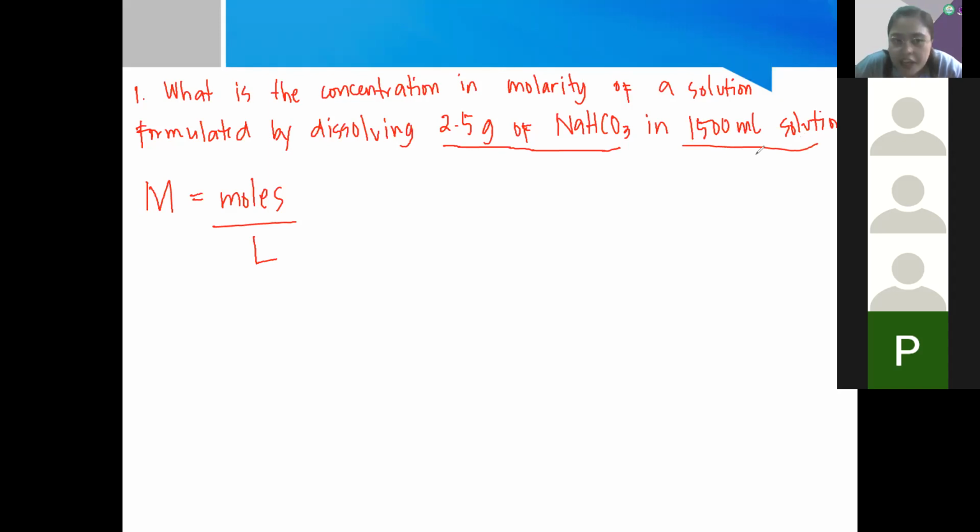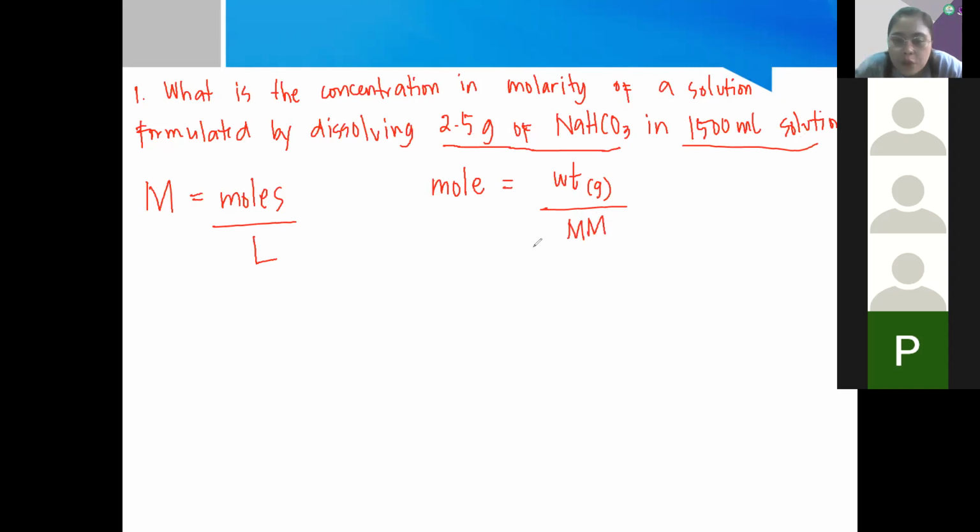So sabi ko kanina, you cannot proceed with the computation of the molarity if you will not convert 2.5 grams into moles. So you have to use the second formula. Mole is equal to the weight of the substance in grams divided by its molecular weight or molar mass.